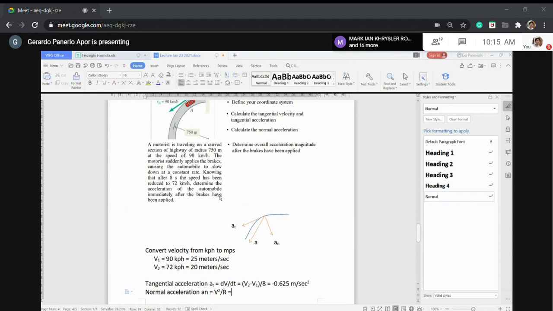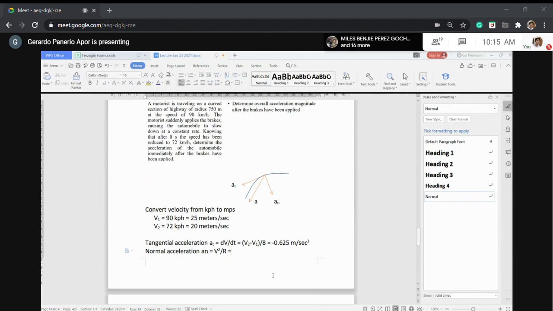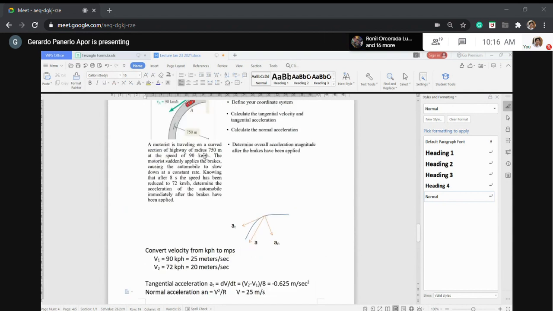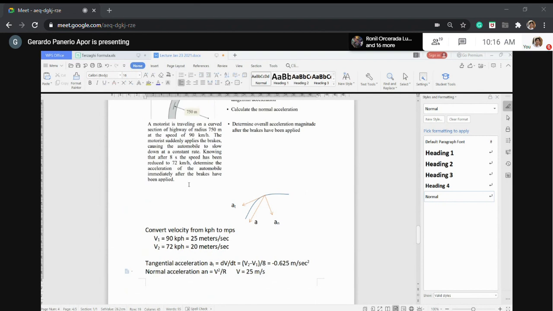So immediately after the brake, at time 0, the v is still 90 kilometer per hour or 25 meter per second. The 20 meter per second is after 8 seconds, but the problem says immediately after the brakes.